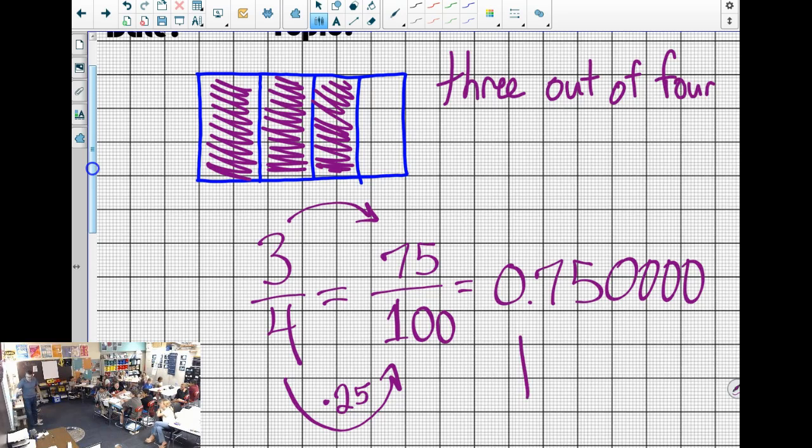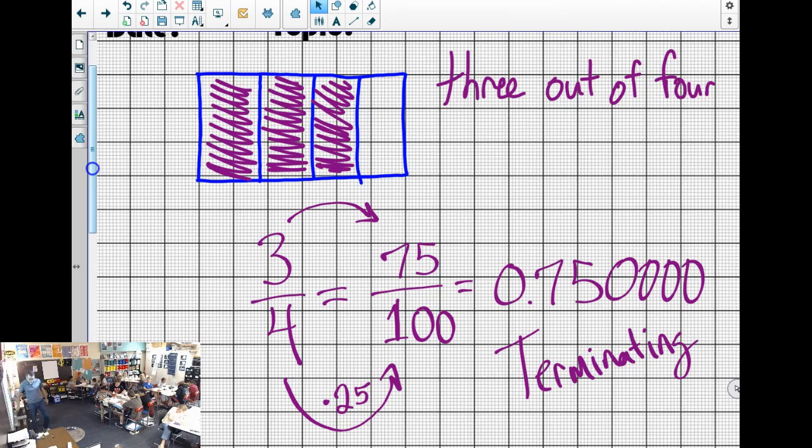So this is a terminating decimal. Terminator. Just like the Terminator, because it ends. So please jot down in your notes real quick, terminating. Terminating.